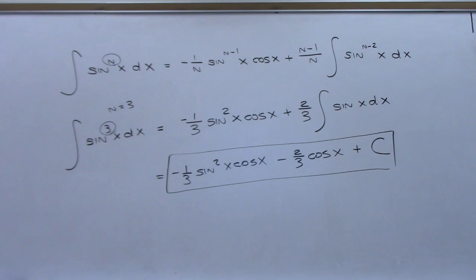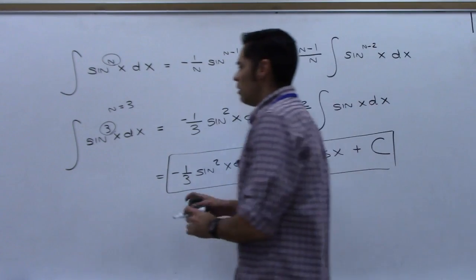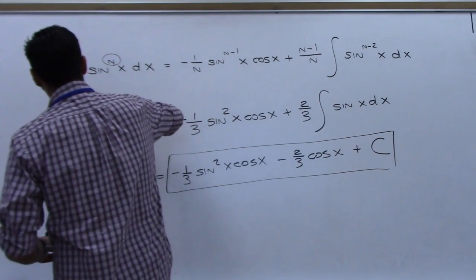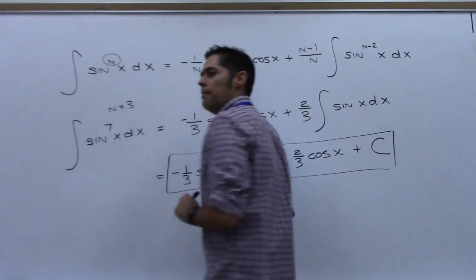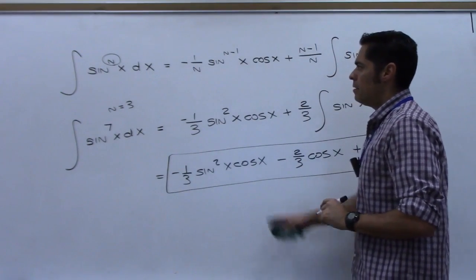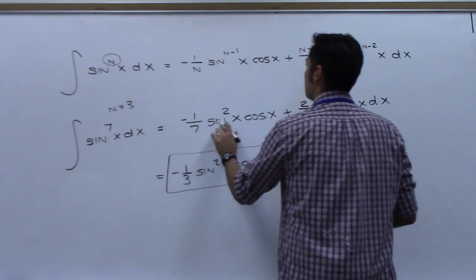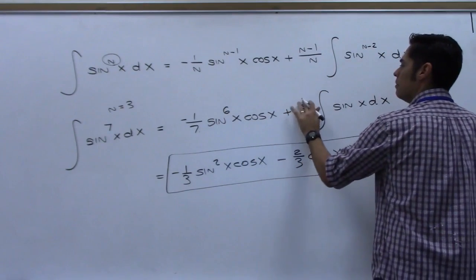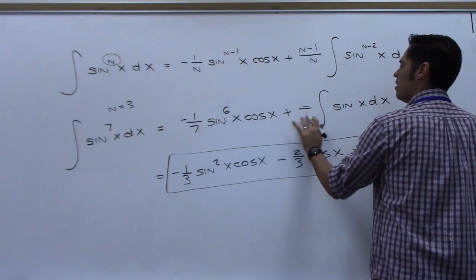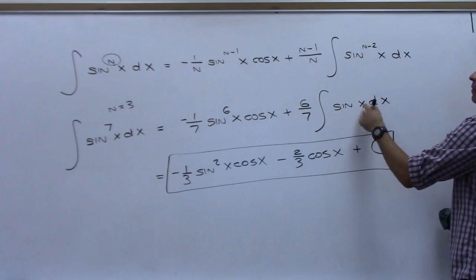So, all right. The usefulness of this formula would be that let's say this power was, let's say, 7. Then things would change here, right? This would become 7, then this would become 6, and then this would become 6/7, and then this one would become 5.